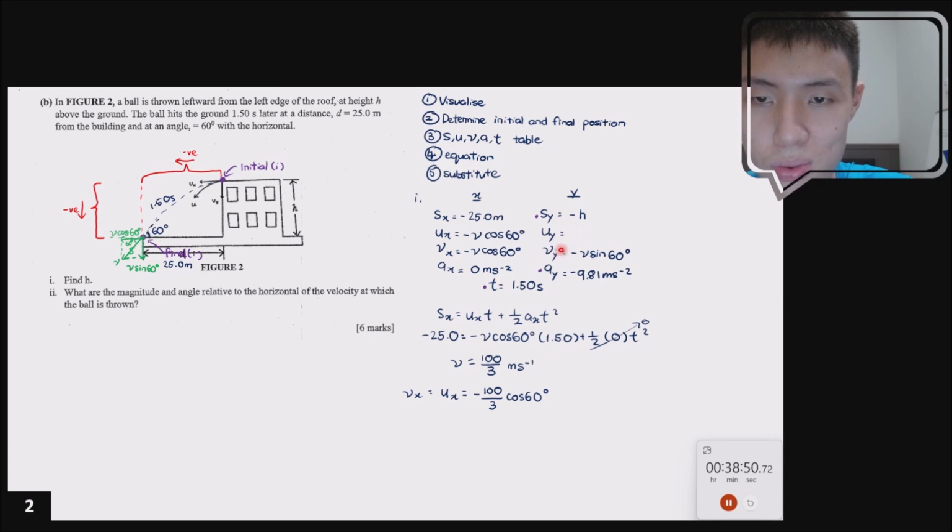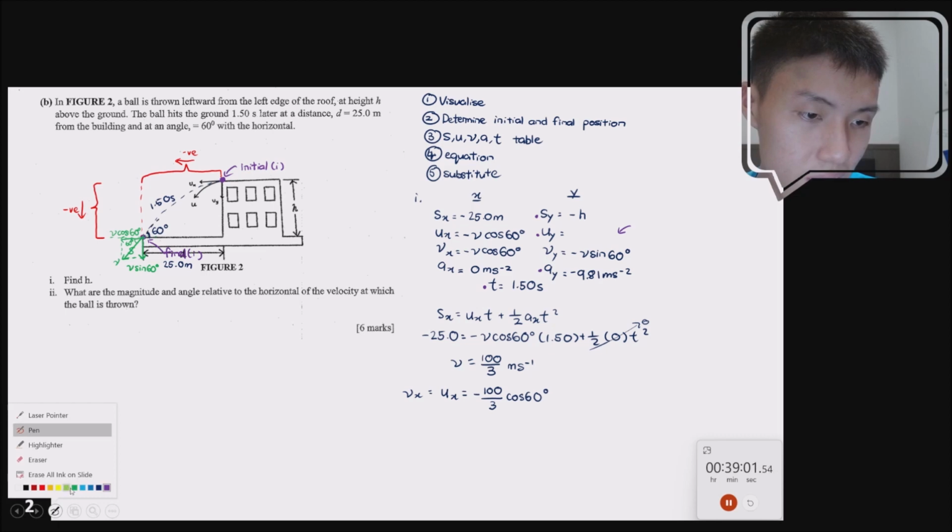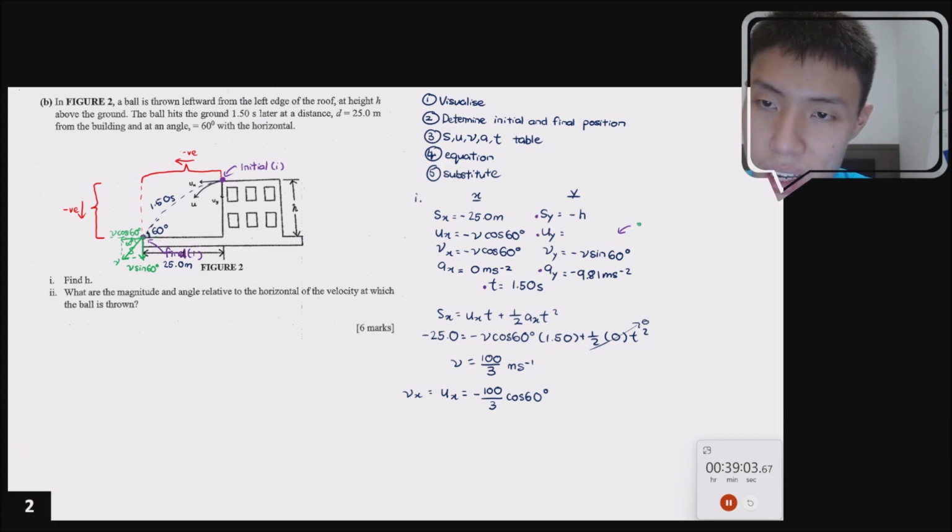So definitely you will need the equation and you need uy as well. So you have to find uy first. That's your first step. That's what you need to find. Okay, let's label in green. I want to find UY. In order to find UY, I will need to use information regarding AY that I have, time that I have, UY that I want to find, and also VY.